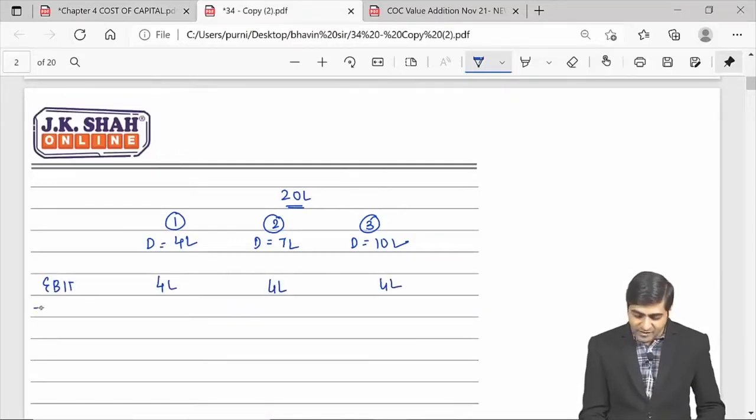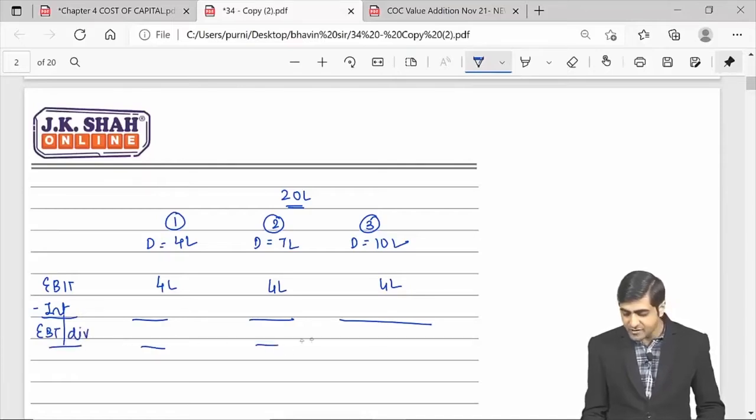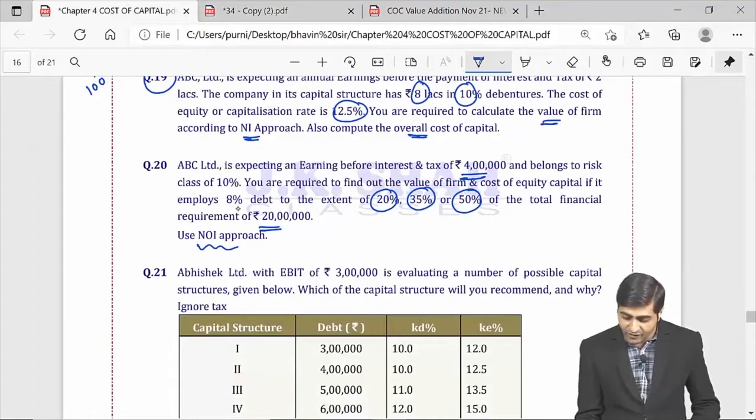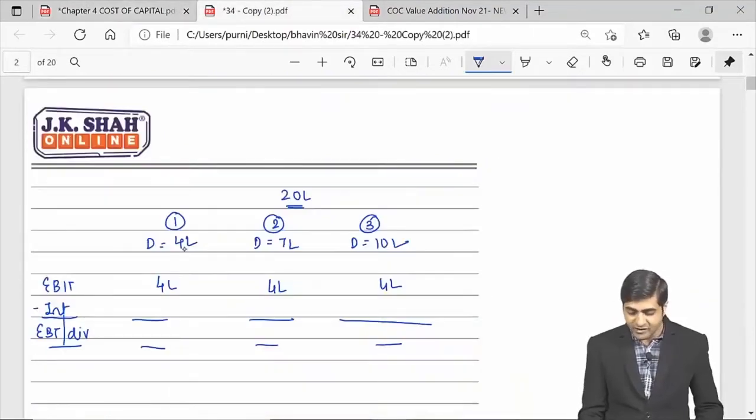So EBIT will be rupees 4 lakhs. From this 4 lakhs we will be subtracting your interest, so we will be getting your EBT, which is nothing but your dividends. And now my dear students, your interest is going to be at the rate of 8%. So whatever is your debt, 4 lakh, you will multiply that by 8%. That will be nothing but 32,000. 7 lakh multiplied by 8% will be 56,000, and 10 lakh multiplied by 8% will be 80,000.